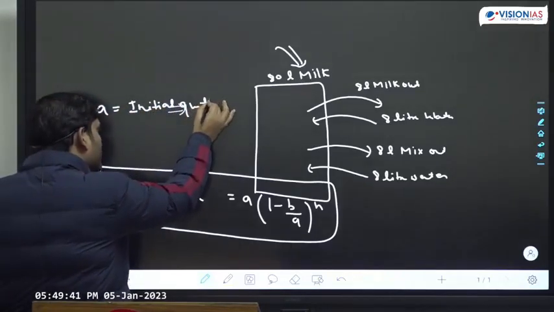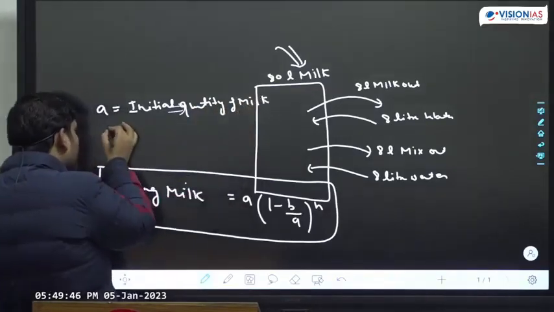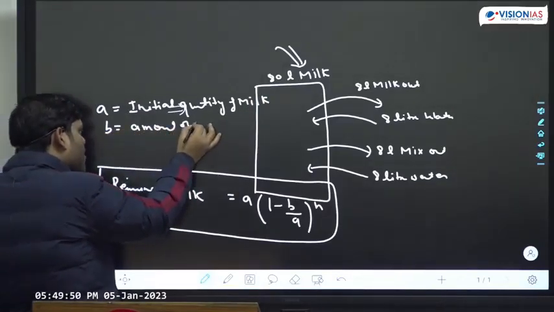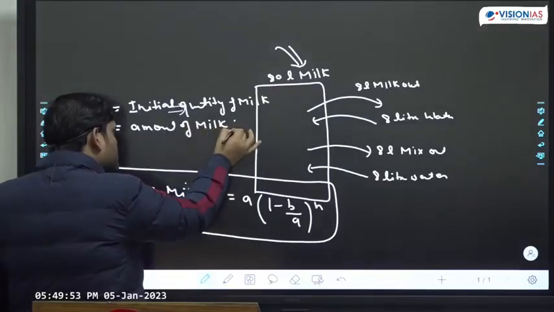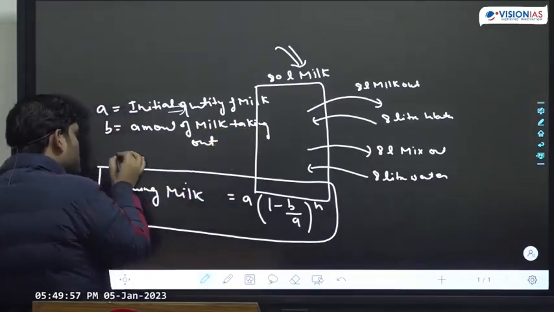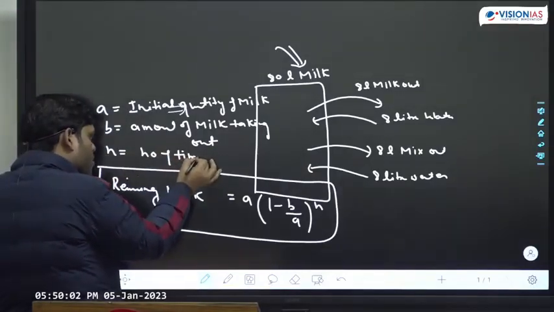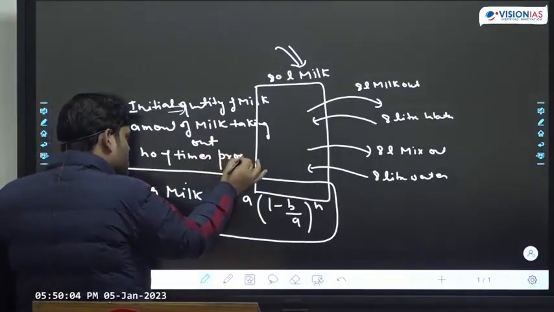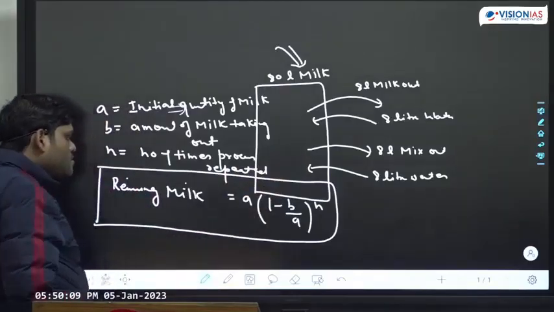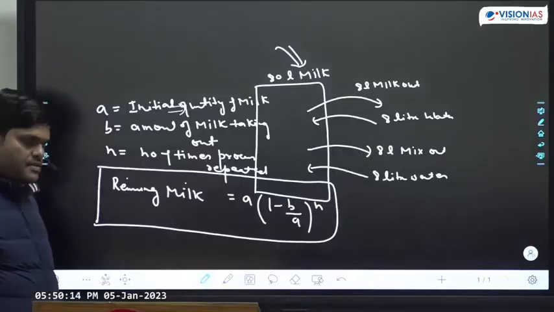Initial quantity of milk. What is B here? Amount of milk taken out. What is N here? Number of times the process is repeated.